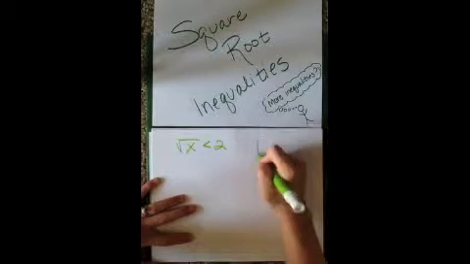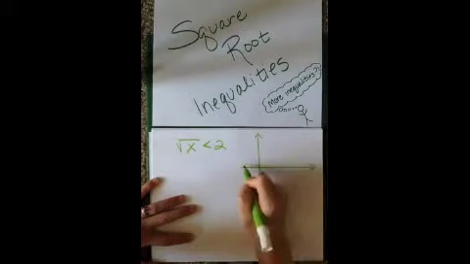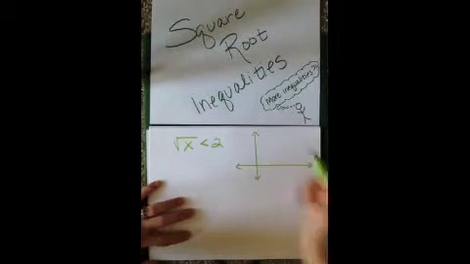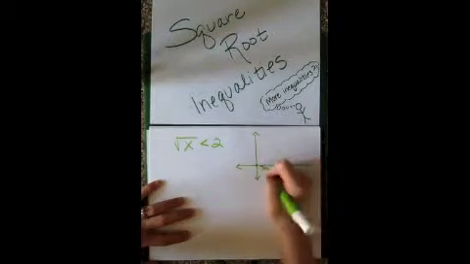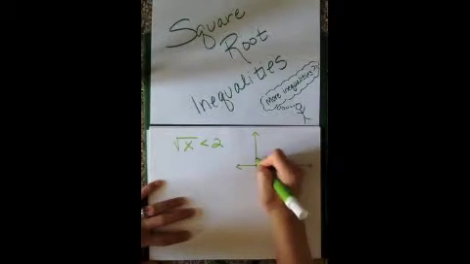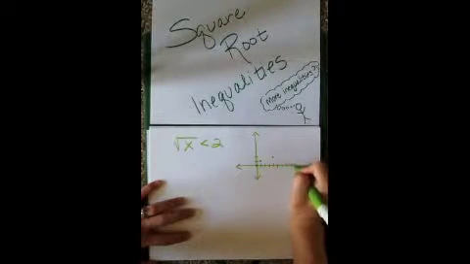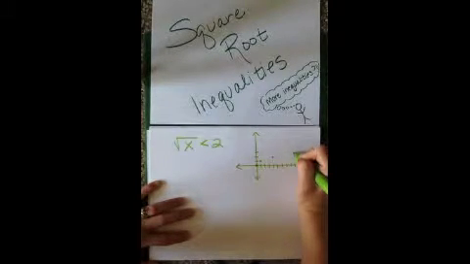So if I look at my graph, I know what the square root of x looks like. I know it starts at 0, 0, 1, 1, 4, 2, and 9, 3.